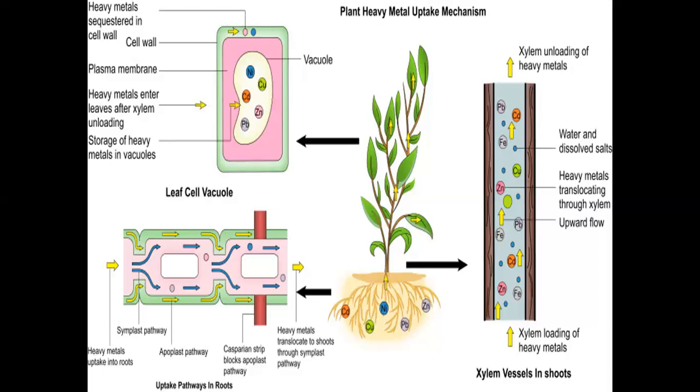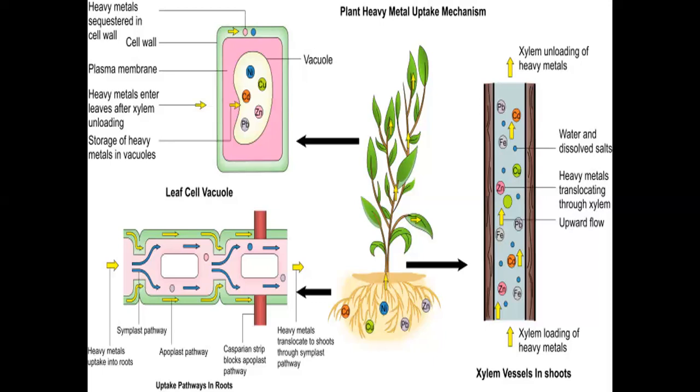In the next picture, we can see the xylem vessels in the shoot, meaning the movement of heavy metals from the roots to the shoots and then further. In the shoot we can see the upward movement of heavy metals.